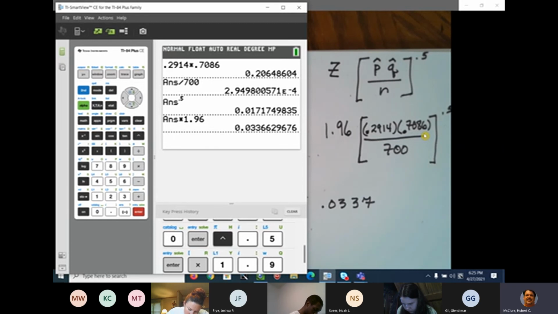And then raise it to the 0.5 power. And then multiply by 1.96. What the hell? I'm not getting 0.0337. I do it wrong. Oh my God.